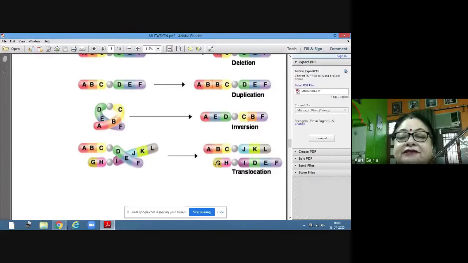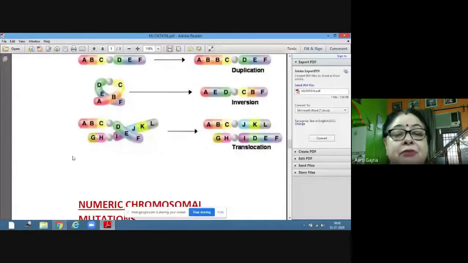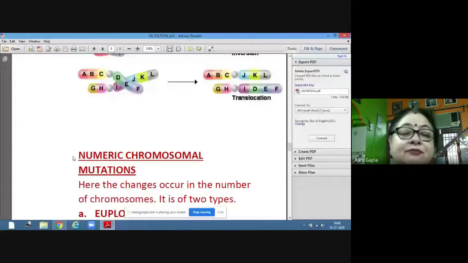This is reciprocal translocation. So these are the different ways by which the structure, the morphology of the chromosome changes and results in mutation. Now we will see how the number of chromosomes results in mutation.